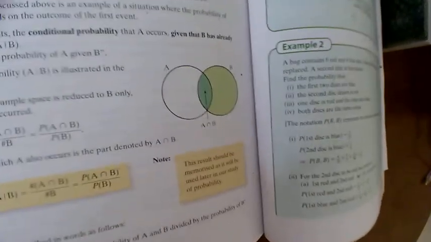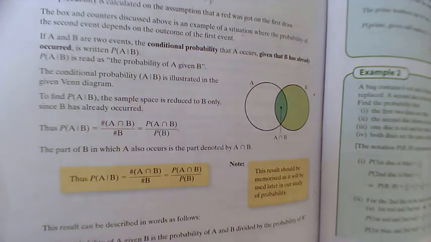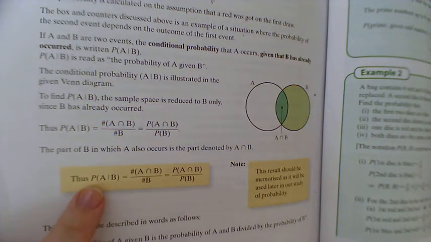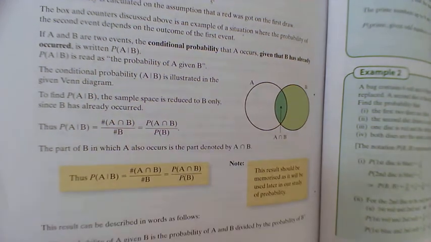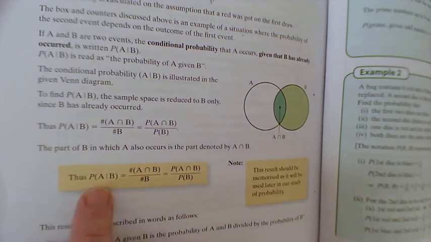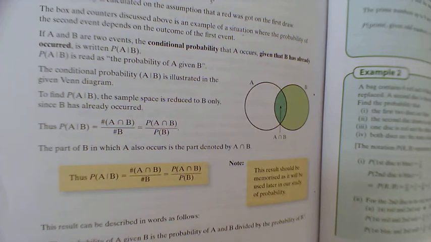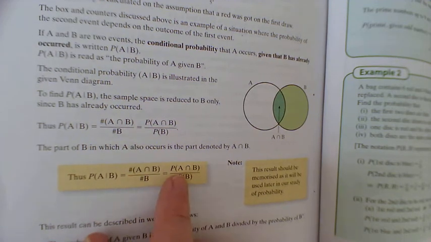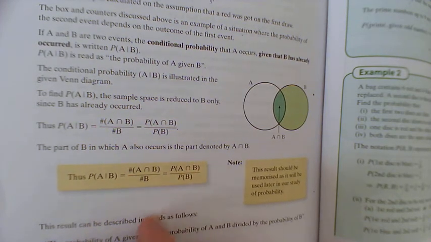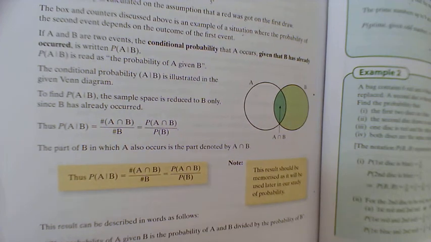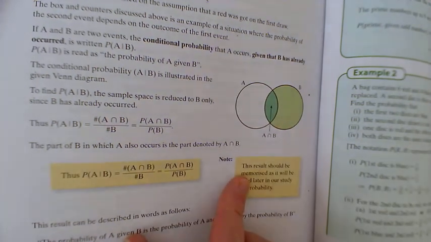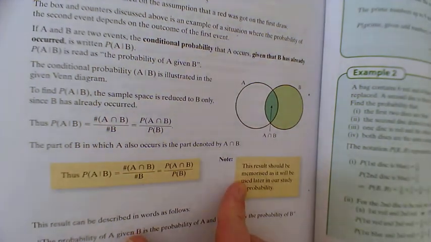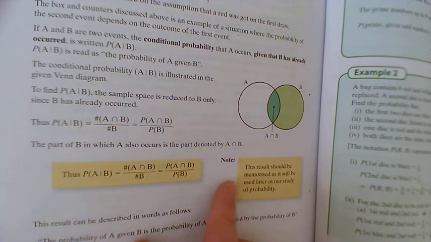This symbol is different to the slash, as in A but not B. It means the probability of A given B. You're already given B, and that is the probability of the intersection of A and B all over the probability of B. Remember, it said this result should be memorized as it will be used later in our study of probability.